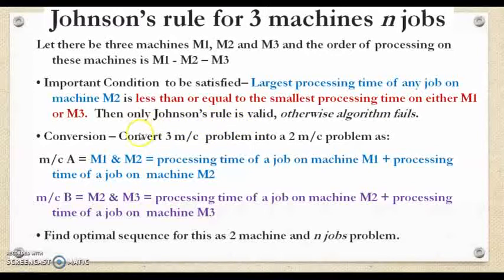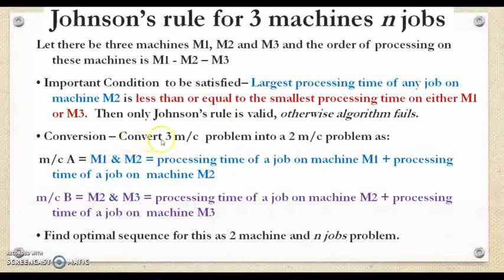So keep in mind. I hope that you know the Johnson's algorithm for sequencing of n jobs on 2 machines. So here we have to first convert the 3 machine problem into a 2 machine problem.